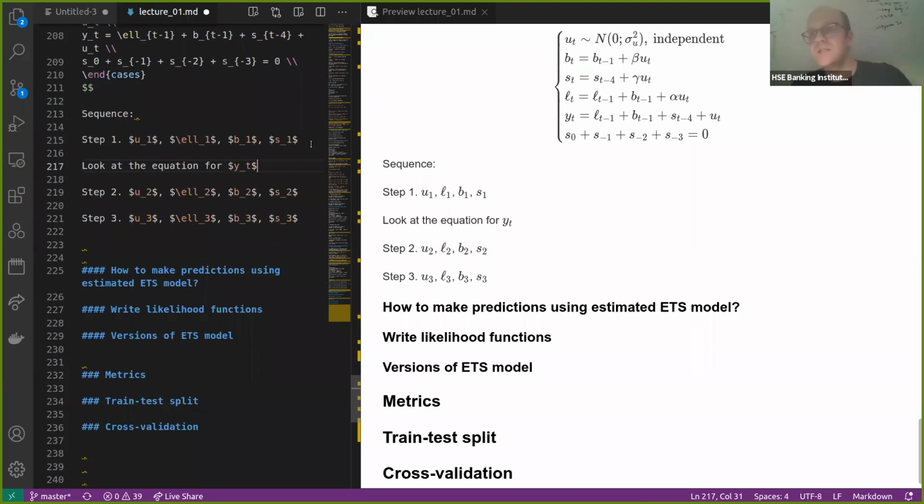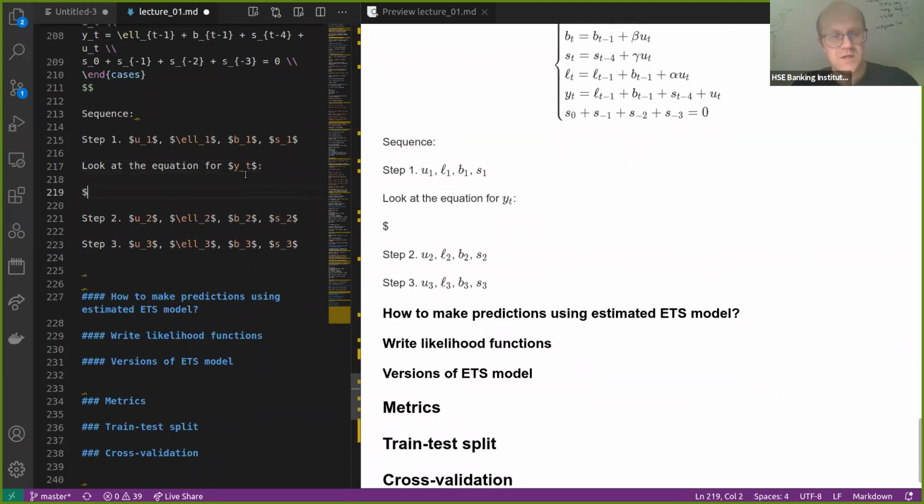You know everything inside it. Just U1 is missing. So the equation for Y1 says Y1, we know Y1, it's an observed value, equals L0 plus B0 plus S_{-3} plus U1. And we know every term in this equation except U1.